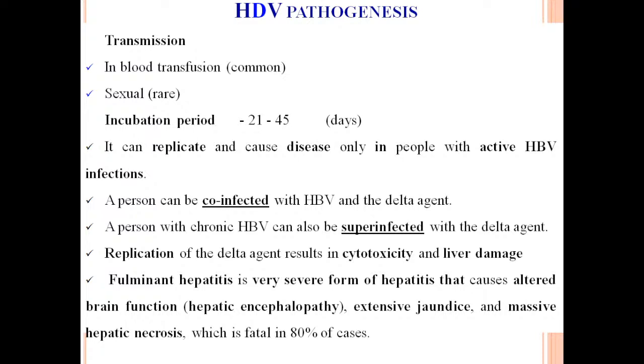Fulminant hepatitis is a very severe form of hepatitis that causes altered brain function, that is hepatic encephalopathy, extensive jaundice, and massive hepatic necrosis, which is fatal in 80% of cases. A patient with hepatitis B may live long, but a patient who is co-infected or superinfected with hepatitis D after hepatitis B dies in most cases.